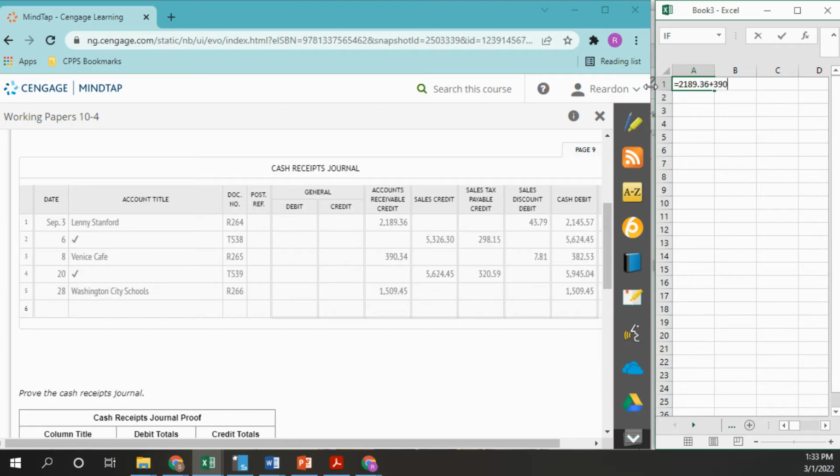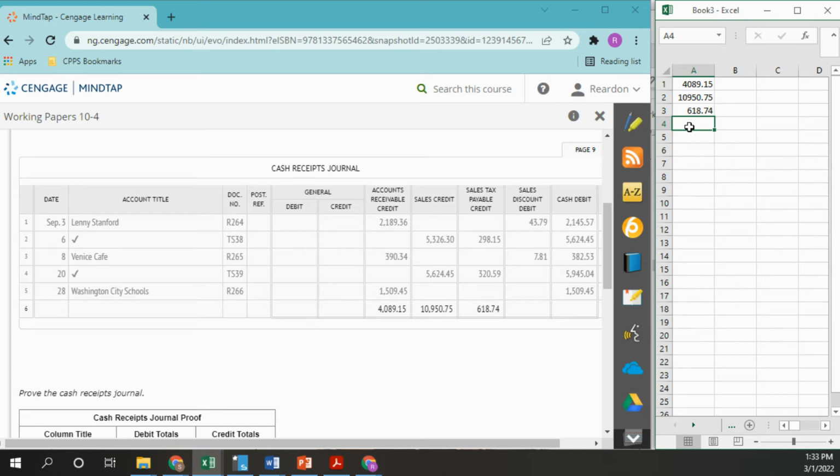2189.36 plus 390.34 plus 15090.45, 408915. Total sales credit 5326.3 plus 5624.45, 10950.75. Sales tax credit equals 298.15 plus 320.59, 618.74.